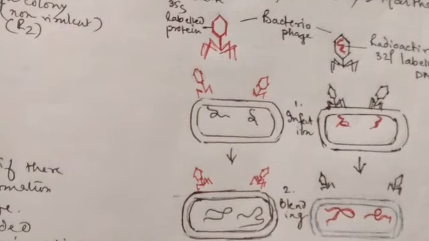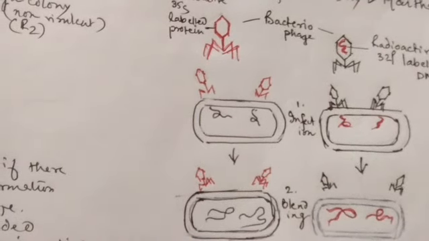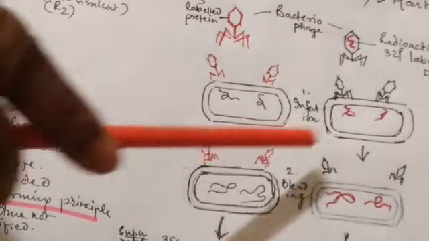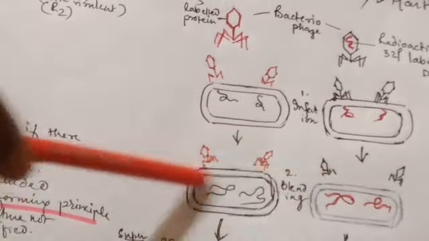They infect the bacterial colonies, and after a certain time these two cultures are taken out, separately, and agitated or blended. Why are they blended?